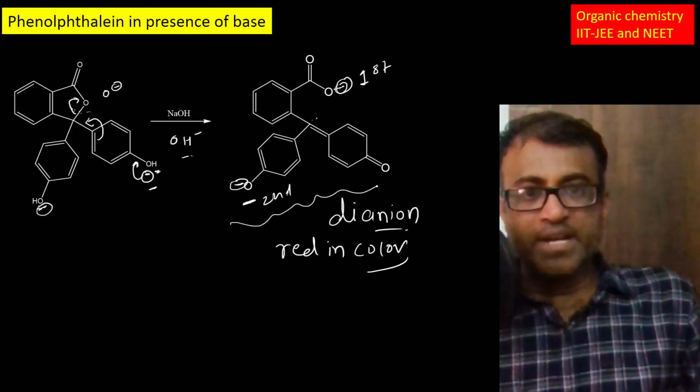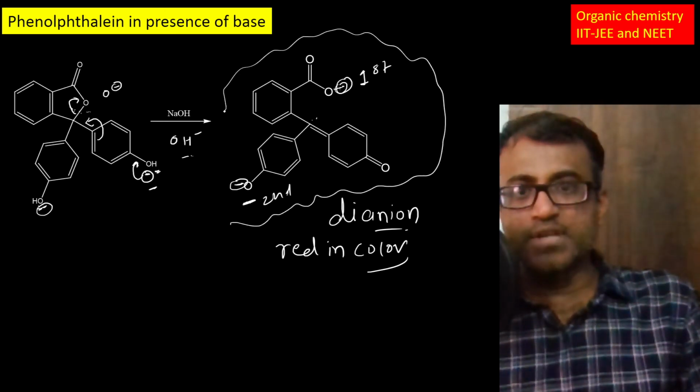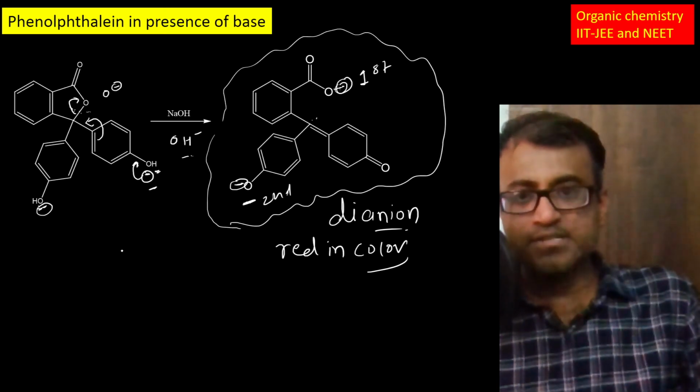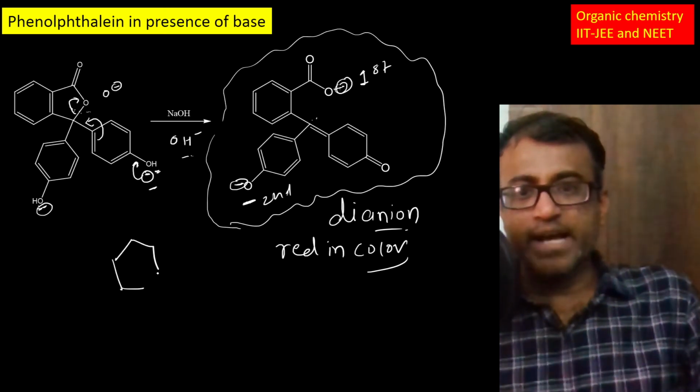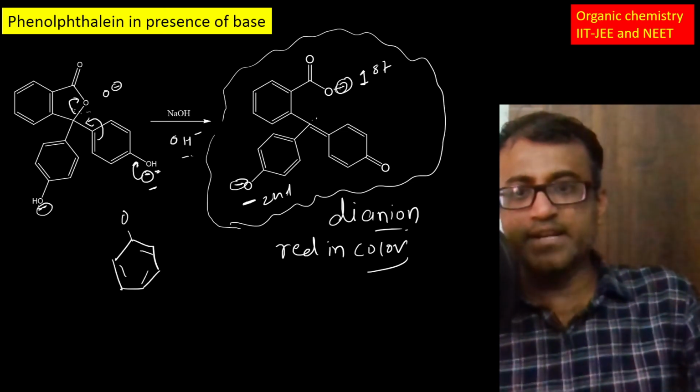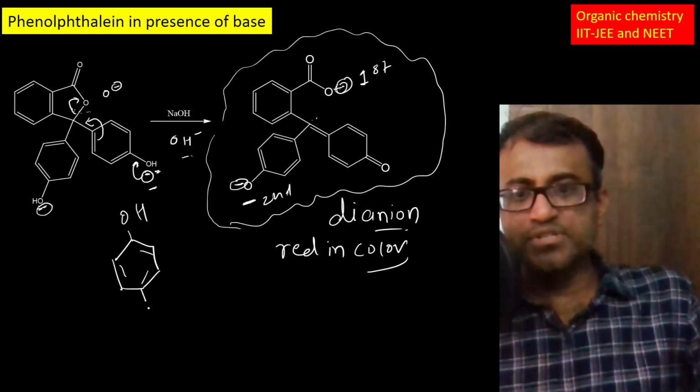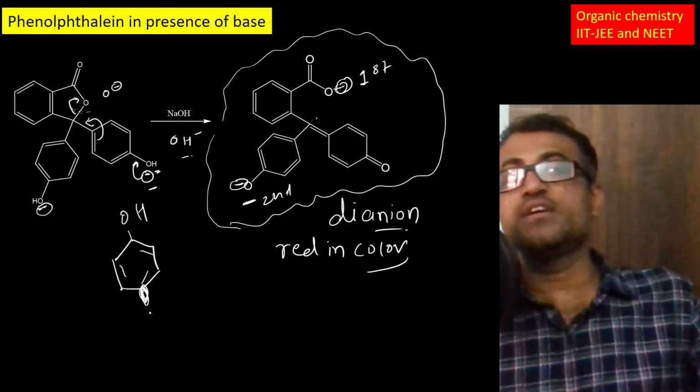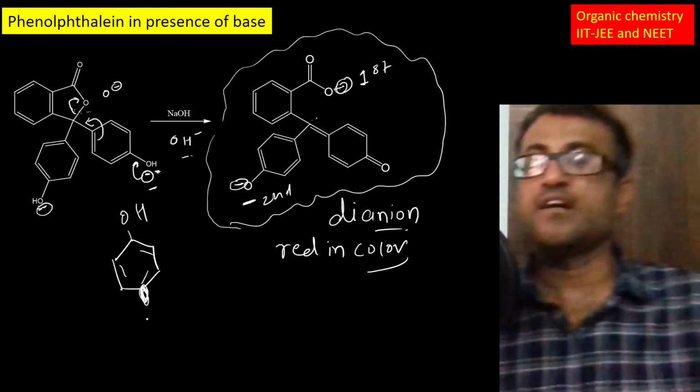This will be obtained if and only if the phenol present in the reaction mixture has a vacant para position, and if it has no substituent on this para position, तभी ये phthalene test देगा.